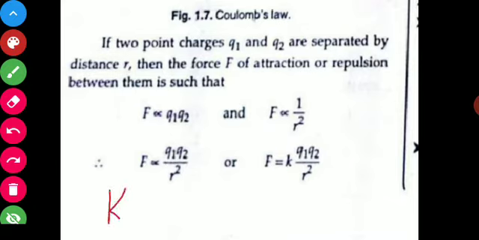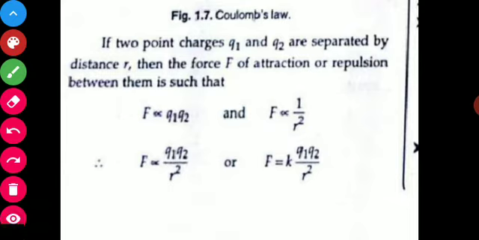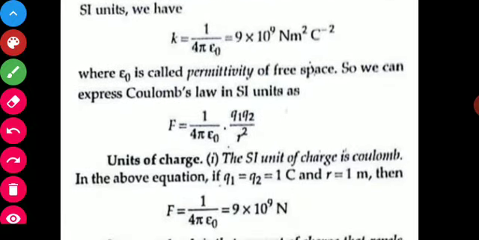K was equal to 1 upon 4 pi epsilon naught. Now if we put the value of K in this equation, we will get the modified equation of the force. What is that? It is F is equal to 1 upon 4 pi epsilon naught q1 q2 upon r square.